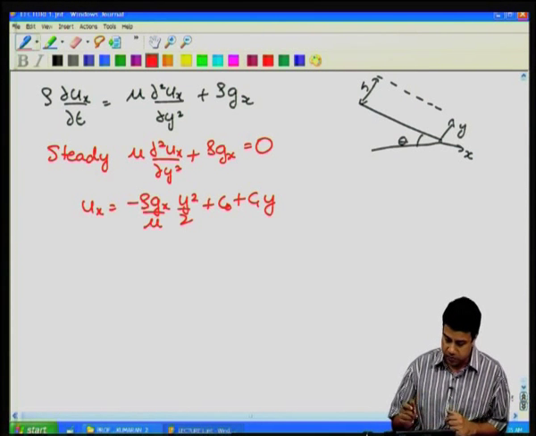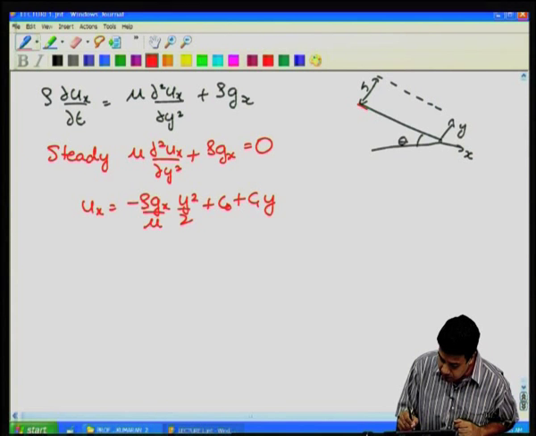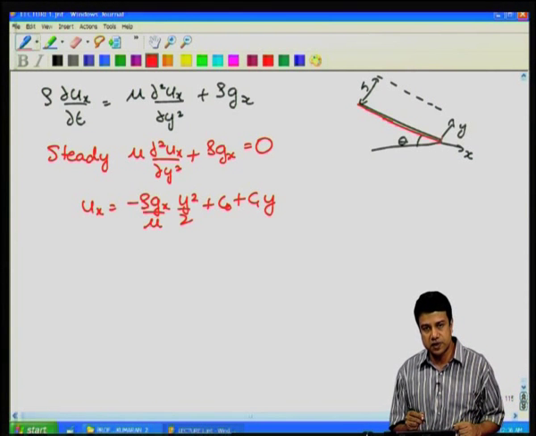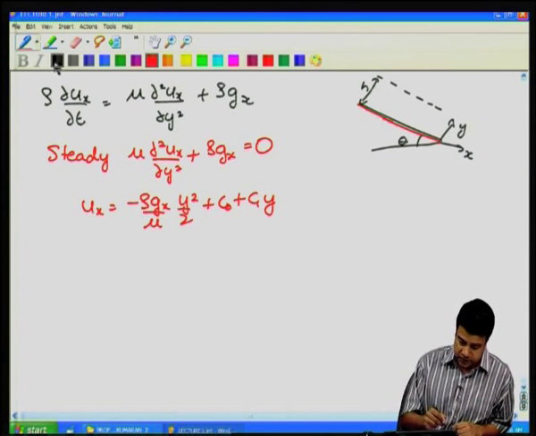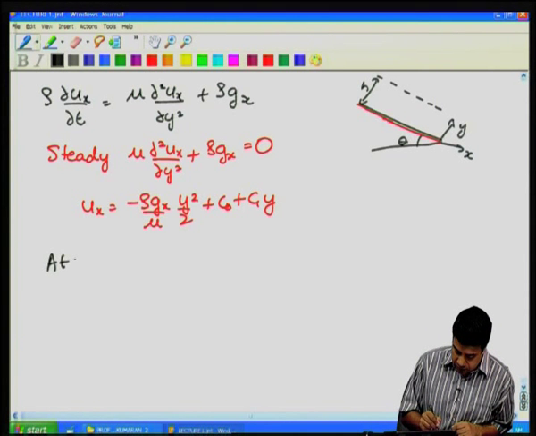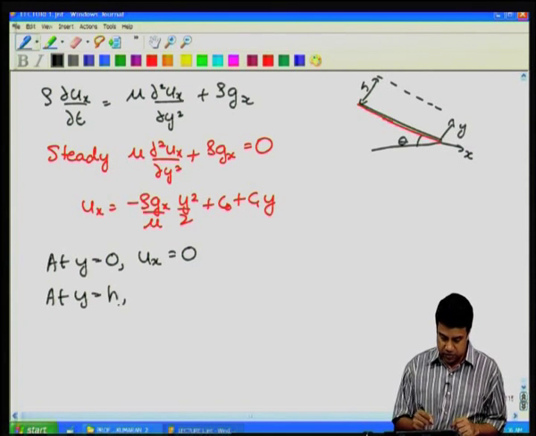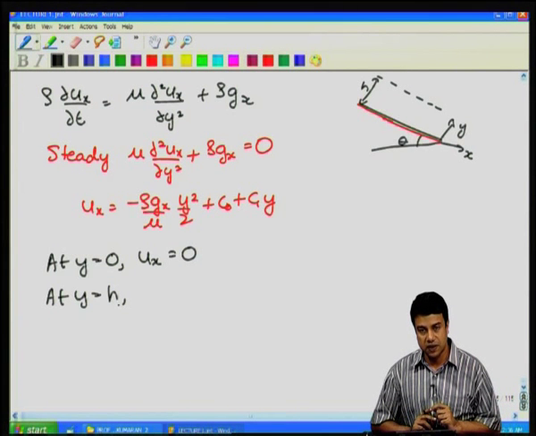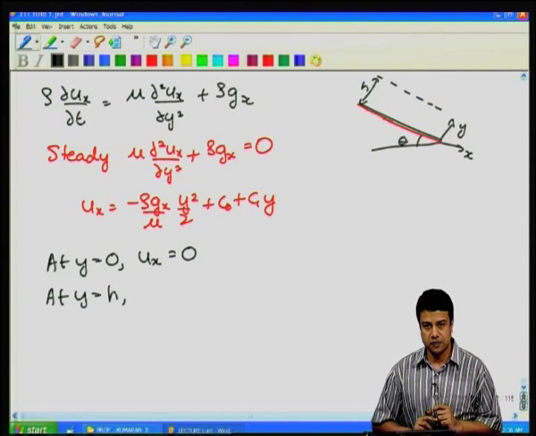The boundary conditions are at this bottom surface, I have the no slip condition, that means the velocity is equal to 0 at that surface. So, at y is equal to 0, u x is equal to 0, and at the top surface at y is equal to h, the liquid is in contact with the gas.